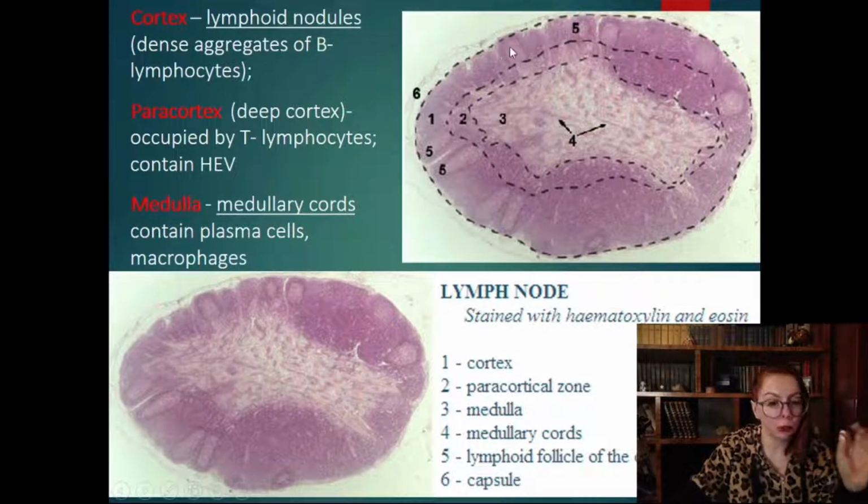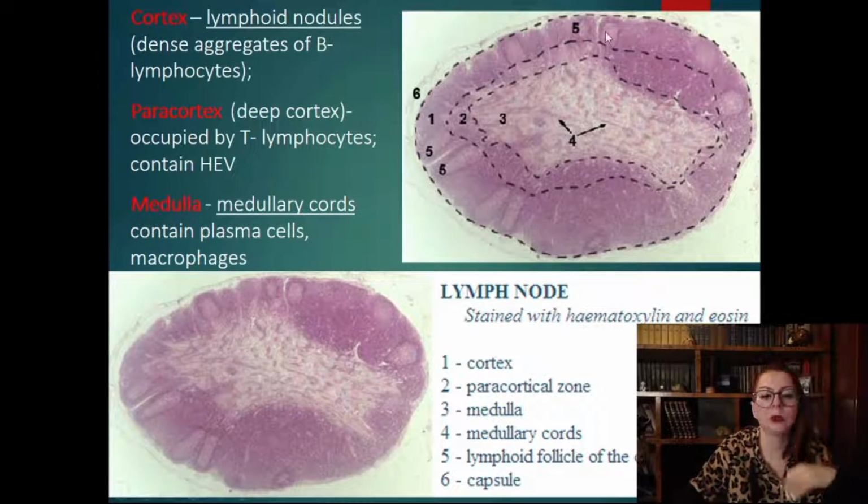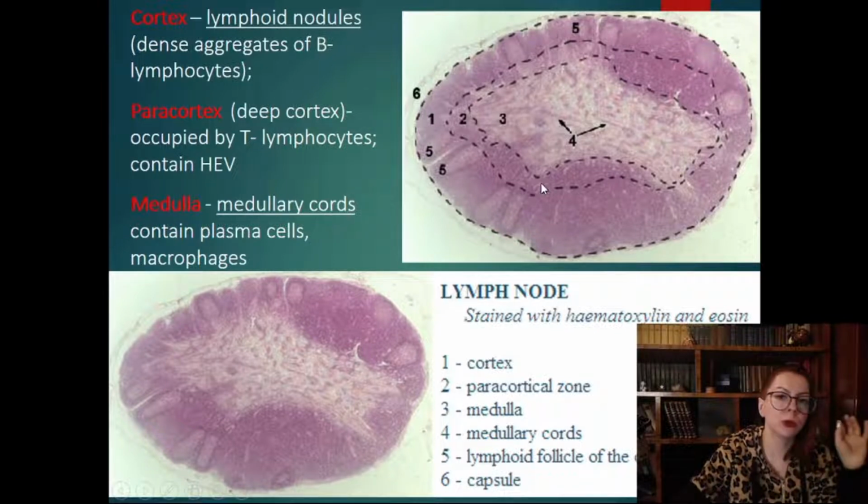They are predominantly represented by B cells. After that, zone number 2 is the paracortex, sometimes also called deep cortex. It is represented predominantly by T lymphocytes, or T cells. So while the cortex is populated by B cells, the paracortex is predominantly populated by T cells.